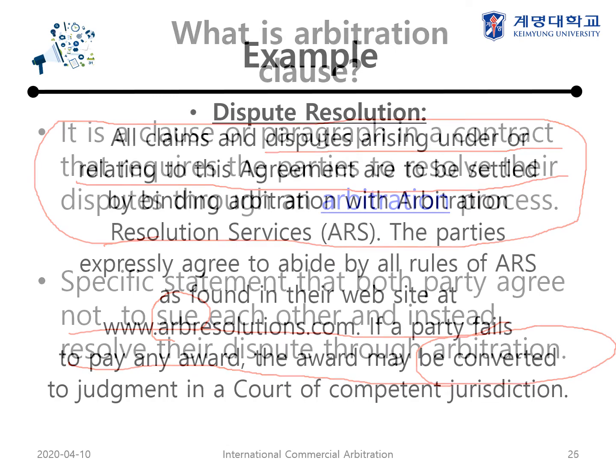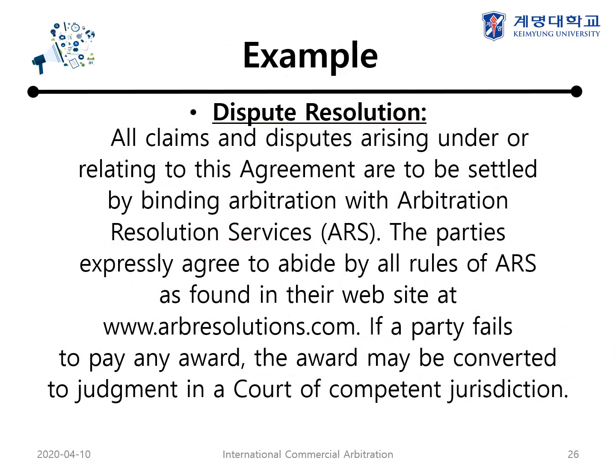So a good example here: all claims and disputes arising under or relating to this agreement are to be settled by binding arbitration with Arbitration Resolution Services. So this is an example of an arbitration clause, and I think I got this one from the internet, from ARS.